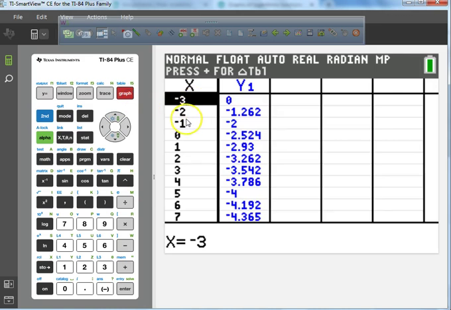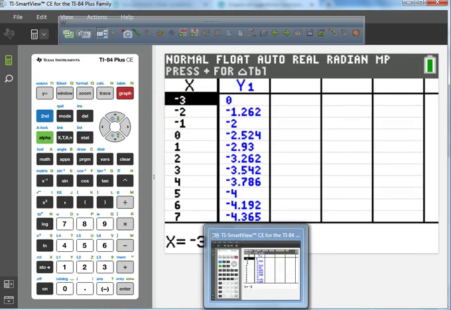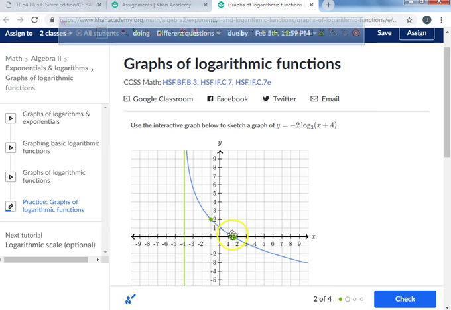Negative 3, 0, negative 1, negative 2. So we have negative 1, negative 2, negative 3, 0.